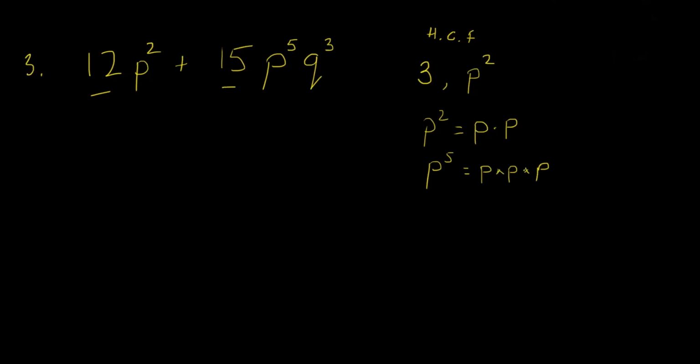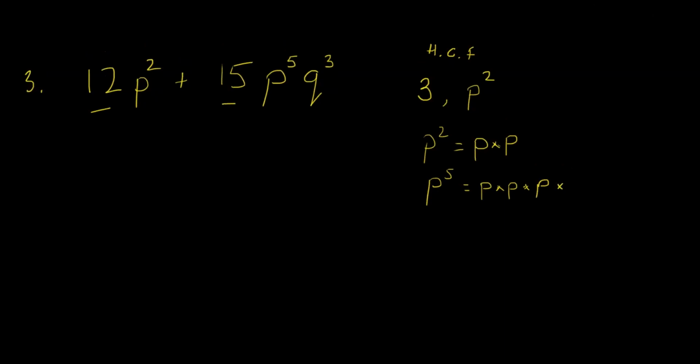Let's take one question at a time. So the first question, go for it. You were saying? Why isn't there any operation between p5 and q3? Define operation. What do you mean, operation? It's 12p squared add 15p to the power of 5, and then you've got just q3.